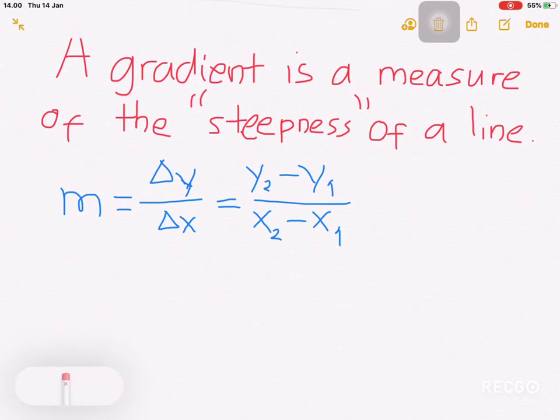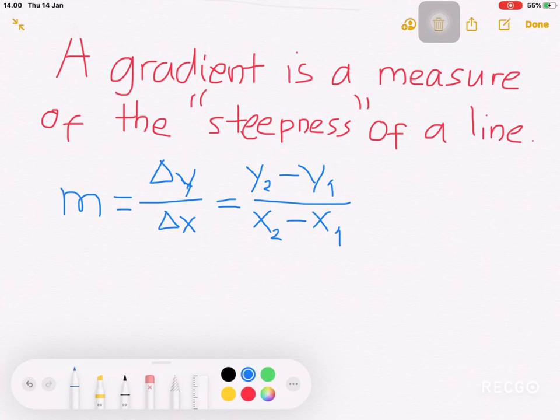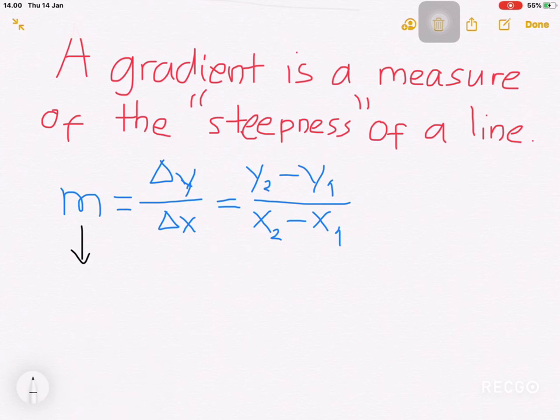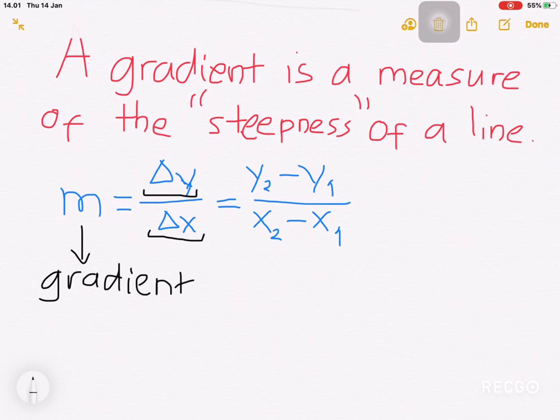The formula for the gradient is m, which is our gradient, equal to delta y over delta x.